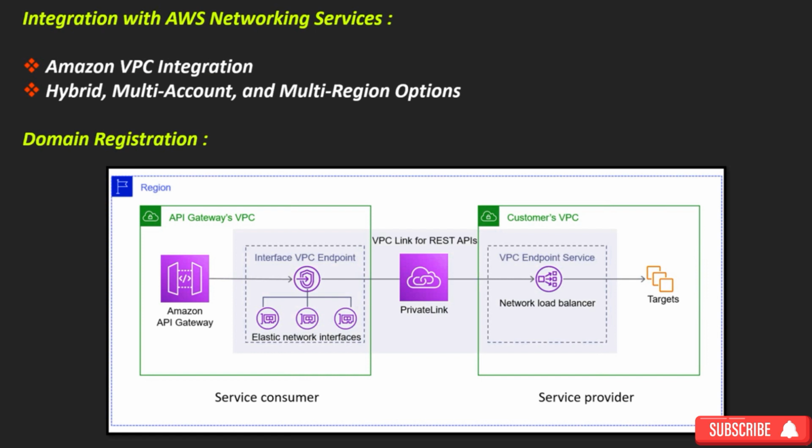What are the hybrid, multi-account, and multi-region options? This is about flexibility in deployment. Route 53 seamlessly integrates with hybrid architectures, supporting DNS resolution across multiple AWS accounts and regions too.